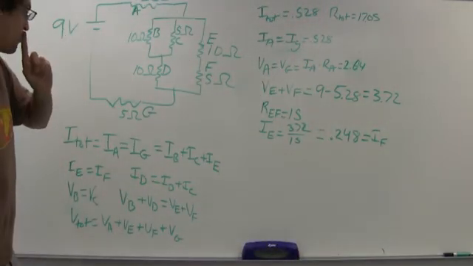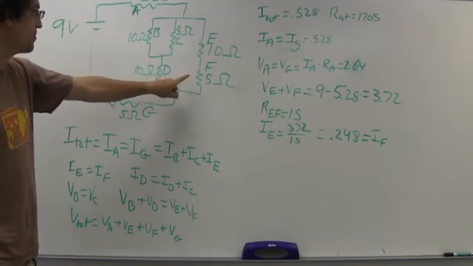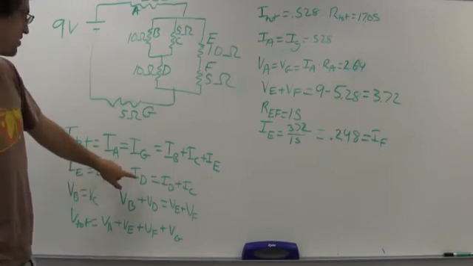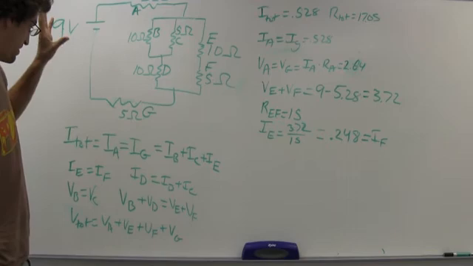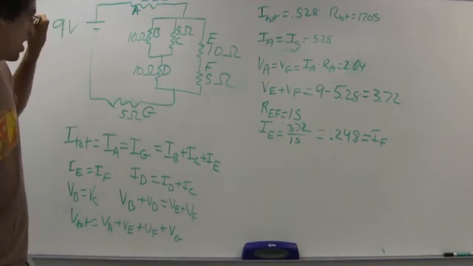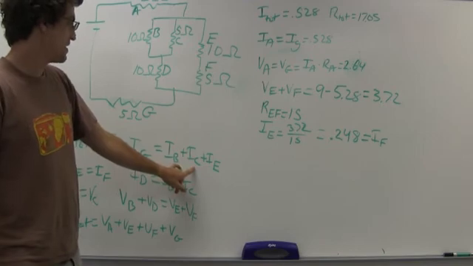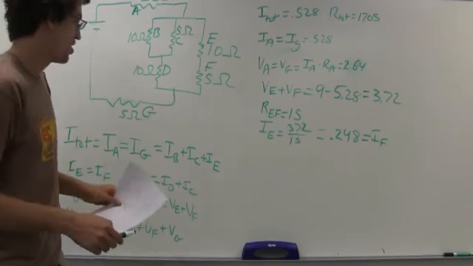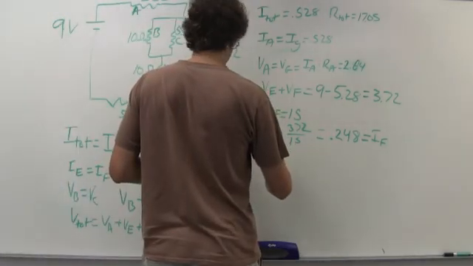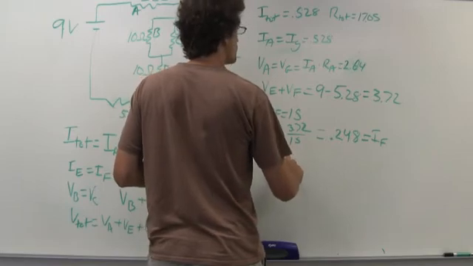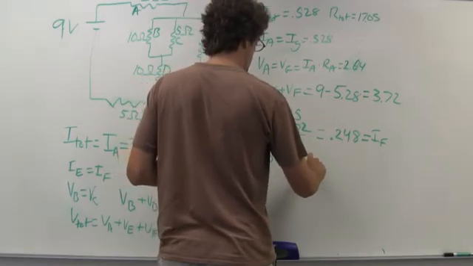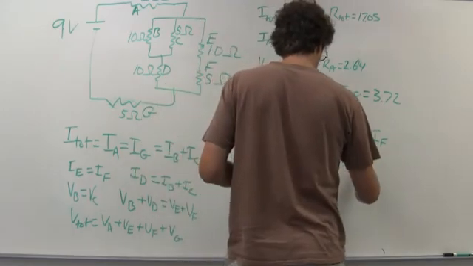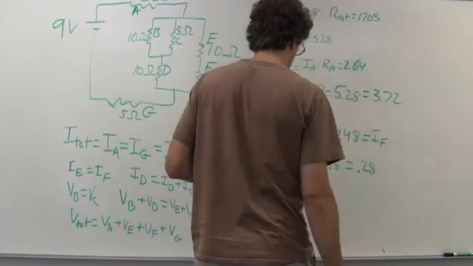Now, we also know that the current through B and C, which is equal to D, plus E is equal to the total. So we know that ID is equal to 0.528 minus 0.248. And that gives us 0.28.